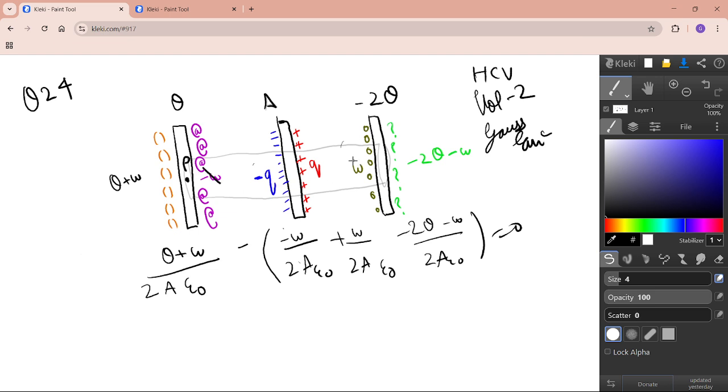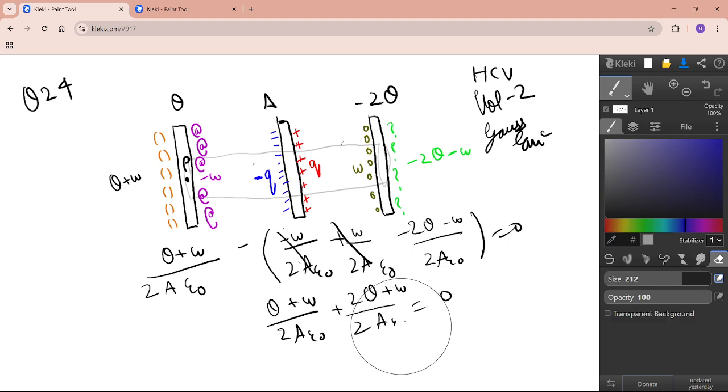Now, this and this get cut. If this and this cut, then this and this also get cut. What we are left with is 2A epsilon naught. The negative of this is plus 2q plus omega upon 2 epsilon naught equal to 0.